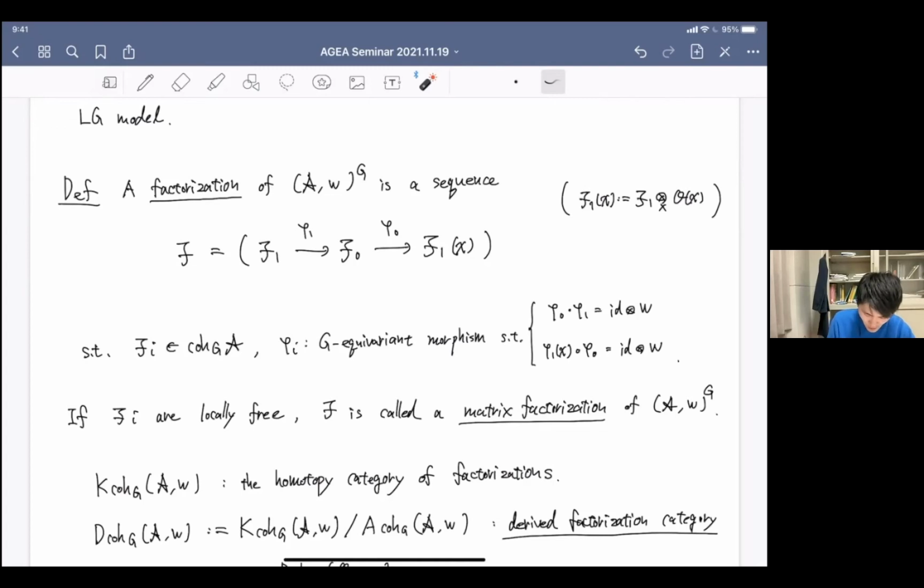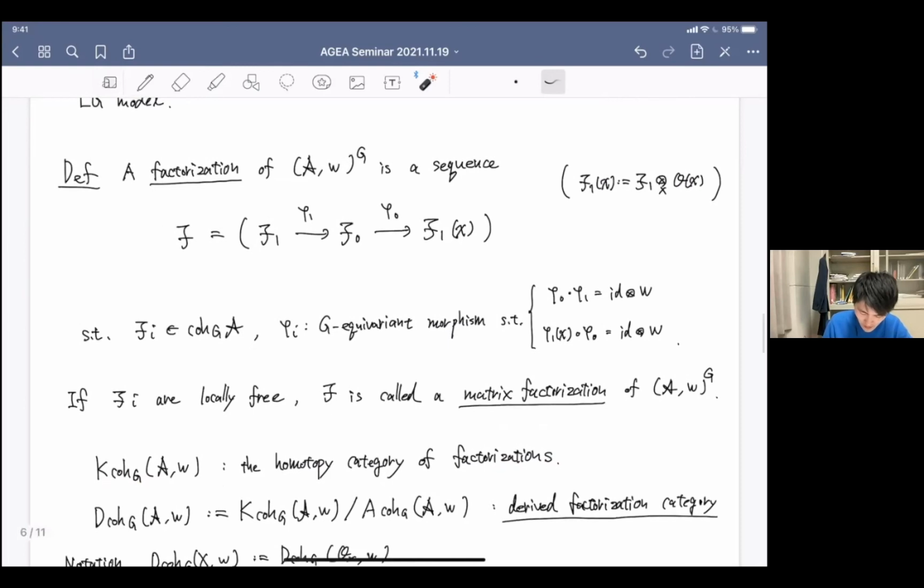So then we write K conf G AW. This is the homotopy category of factorizations. So the objects are factorizations, but the morphisms are equivalence classes of homotopy equivalences. And then we define the derived factorization category as a Verdier quotient of the homotopy category by A conf G AW.